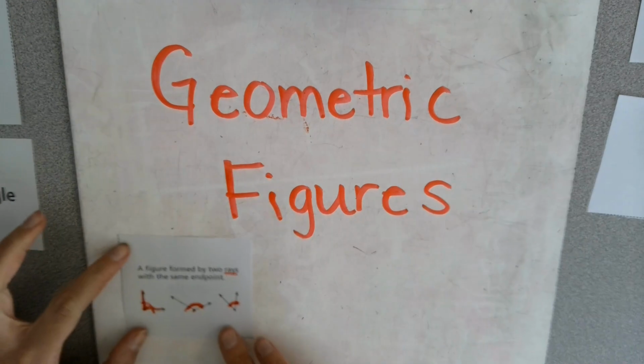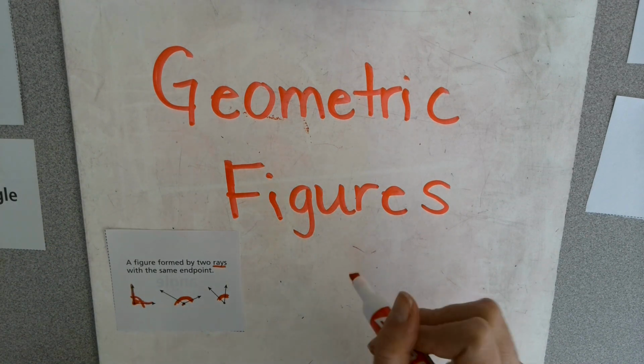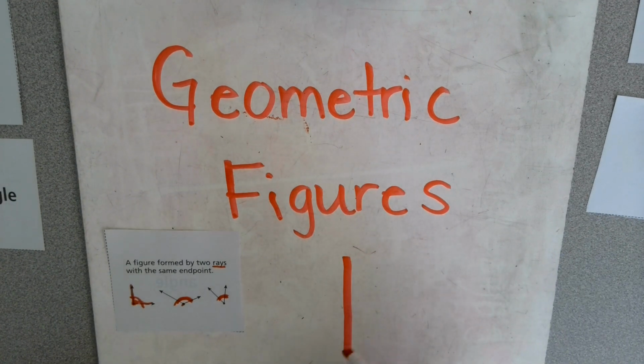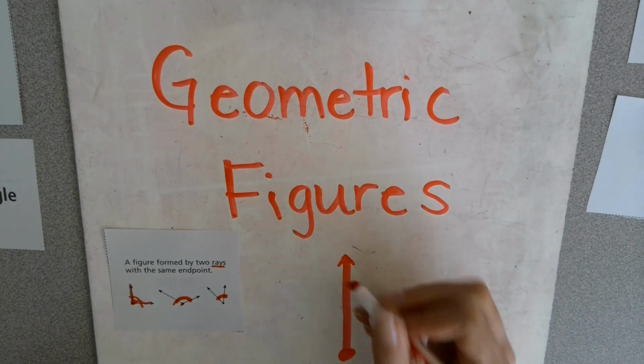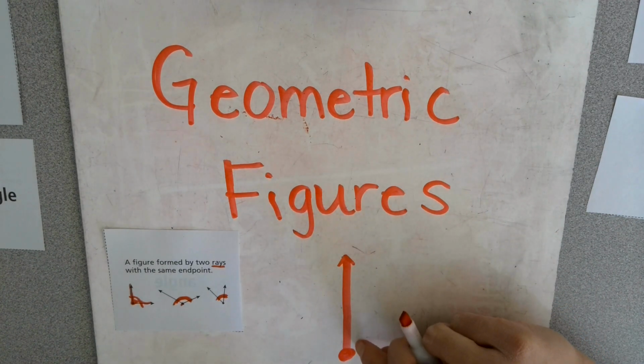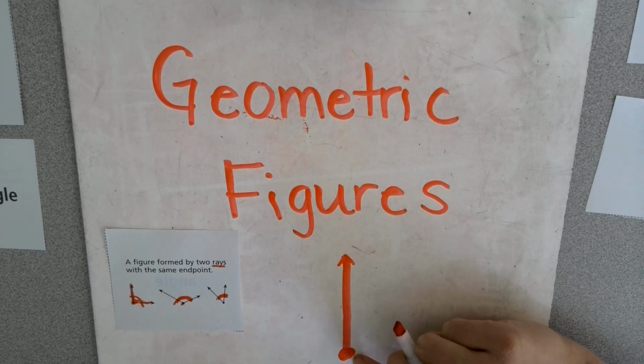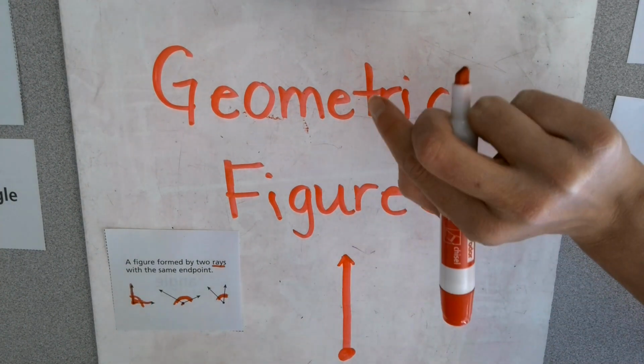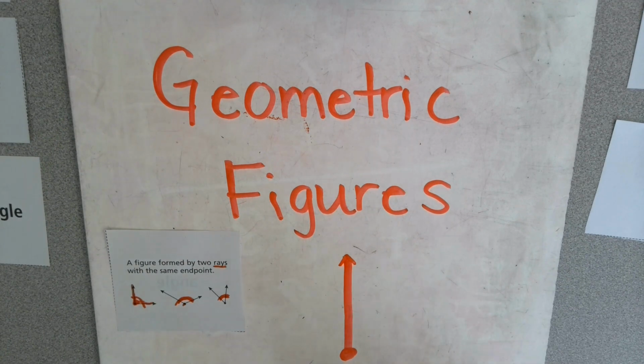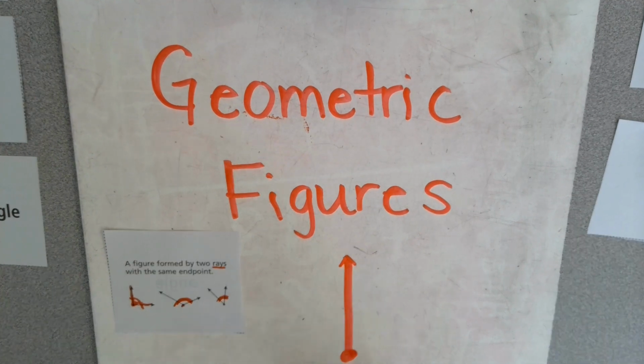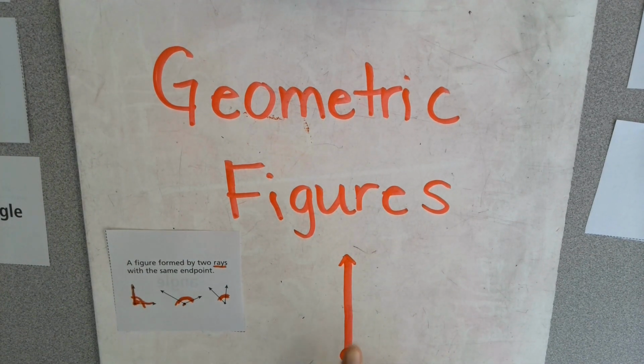So I'm going to give you some examples. If I draw a ray, by the way, I just drew one of these rays. It's a line that stops in one direction, but it keeps going in another direction. So this is a ray that I just drew because it has an endpoint and then it has an arrow. It continues to go in this direction.